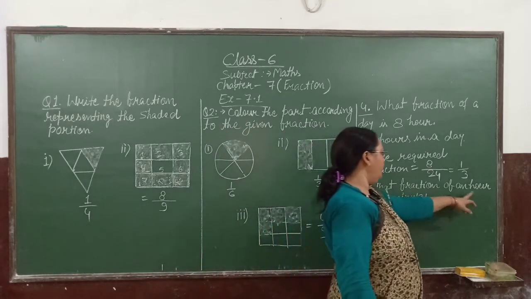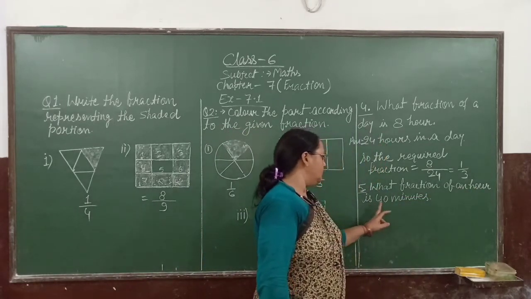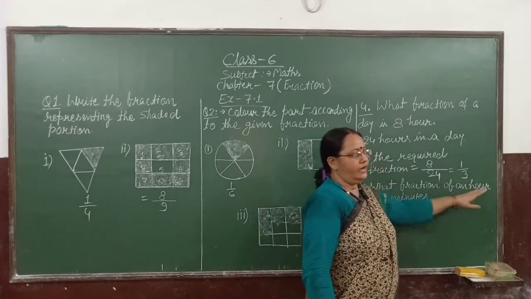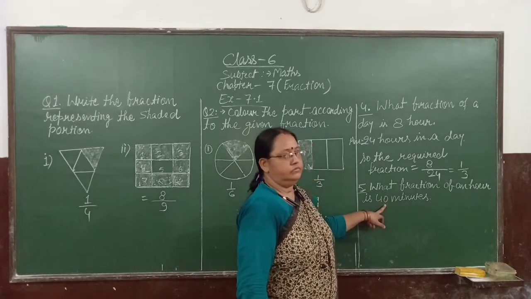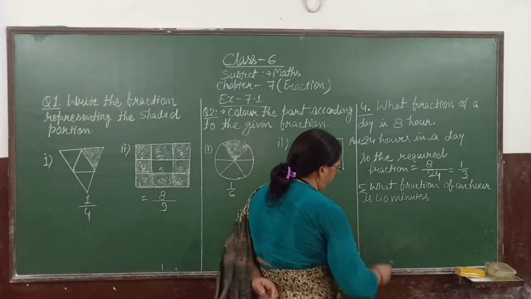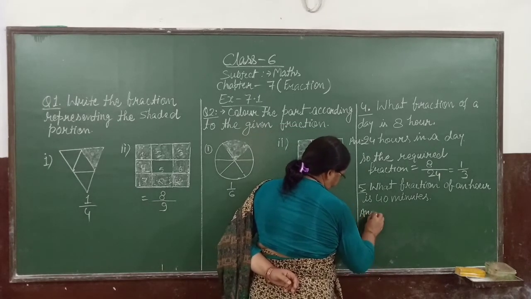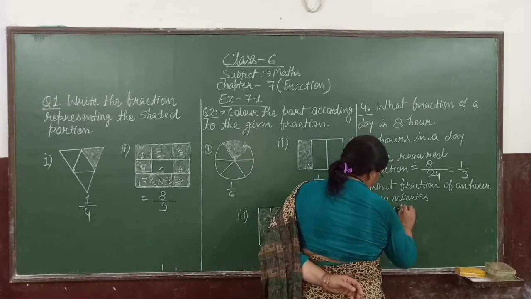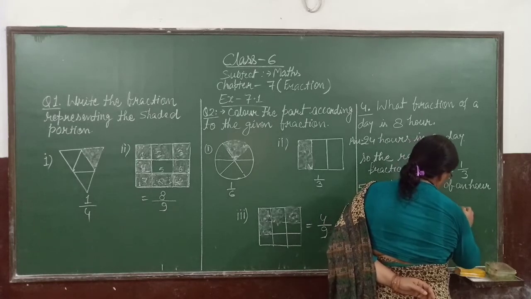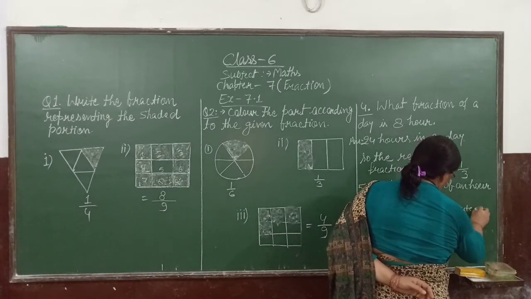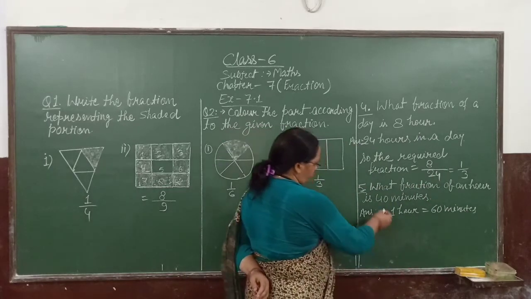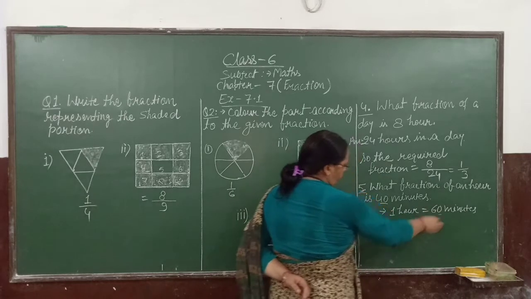Now question number 5. What fraction of an hour is 40 minutes? Here the whole is an hour and the part is 40 minutes. How many minutes are in 1 hour? At first, mention it: 1 hour equals 60 minutes. So convert it into a fraction. The part is 40 minutes and the whole is 60 minutes.